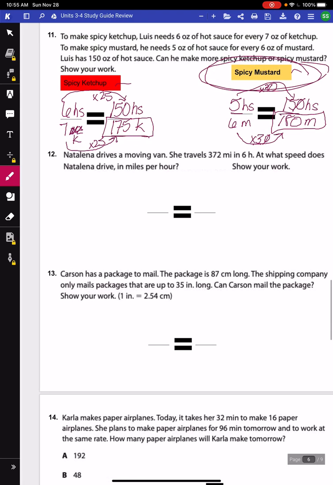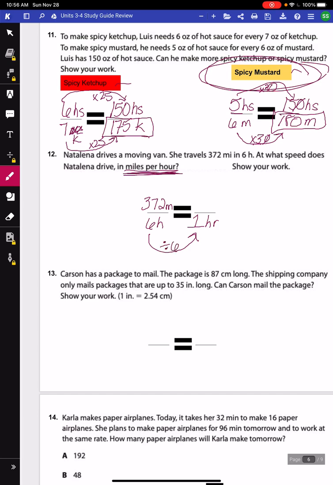Natalina drives a moving van. She travels 372 miles in 6 hours. At what speed does she drive in miles per hour? So we want to know how many miles for every 1 hour. So if I know the beginning travel speed, 372 miles for every 6 hours, and I want to get to 1 hour, well, what do I do to 6 to get 1?